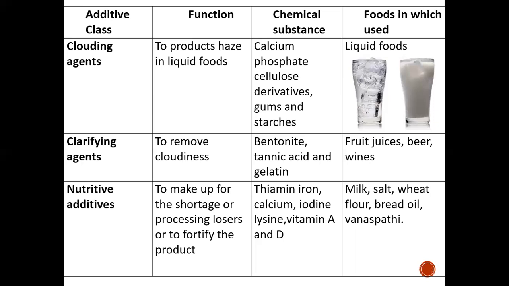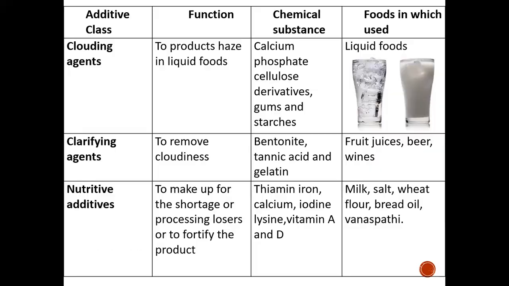You can see a lot of foods nowadays are fortified with iron, fortified with calcium, etc., because you need to improve the nutritional quality of foods, like milk, iodized salt, and wheat flour, where vitamin D is increased. These are called nutritive additives.